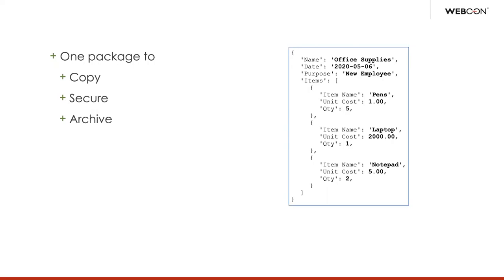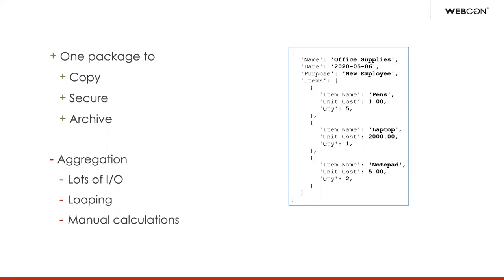The problem comes when you want to do any aggregation across a lot of documents. So for example, if I want to work across many, many different purchase requests or expense reports, I'm going to have to do a lot of I/O. I'm going to have to do a lot of looping. I'm going to have to do a lot of manual calculations.